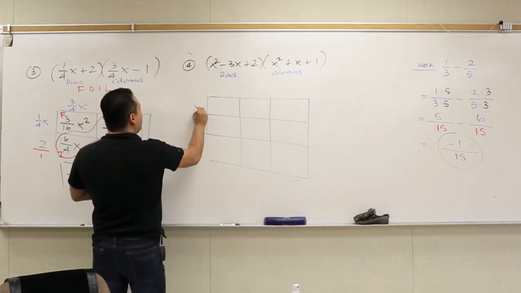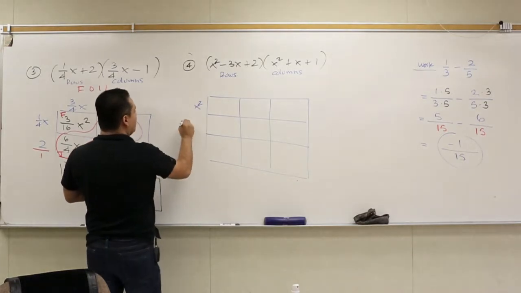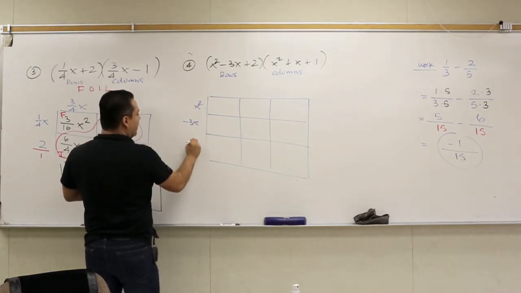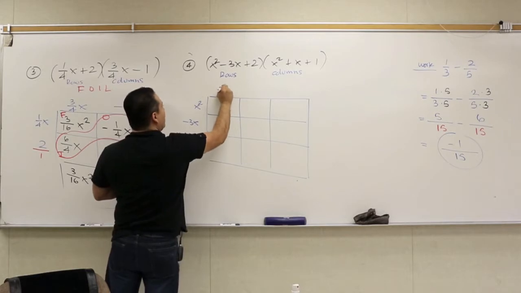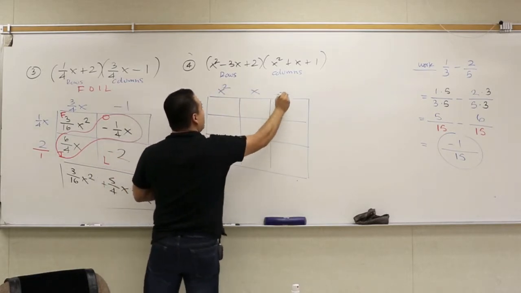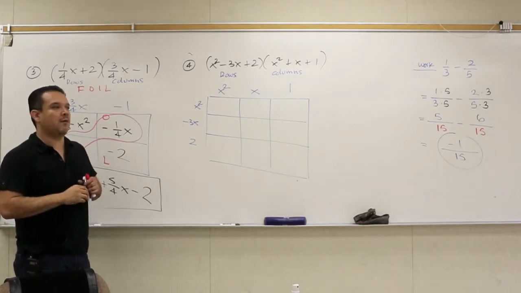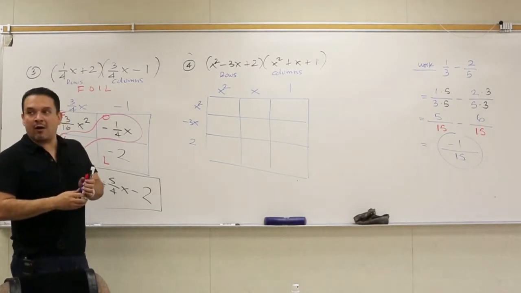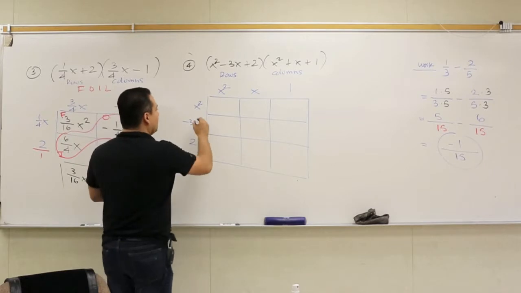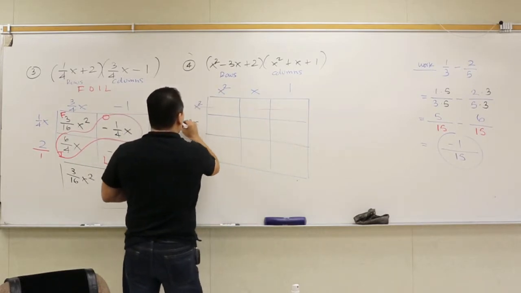So if we notice, we get what? X squared and what? Negative 3x, and we get 2. We get x squared, and you get what? X, and you get 1. We're going to take our rows and multiply them with our what?